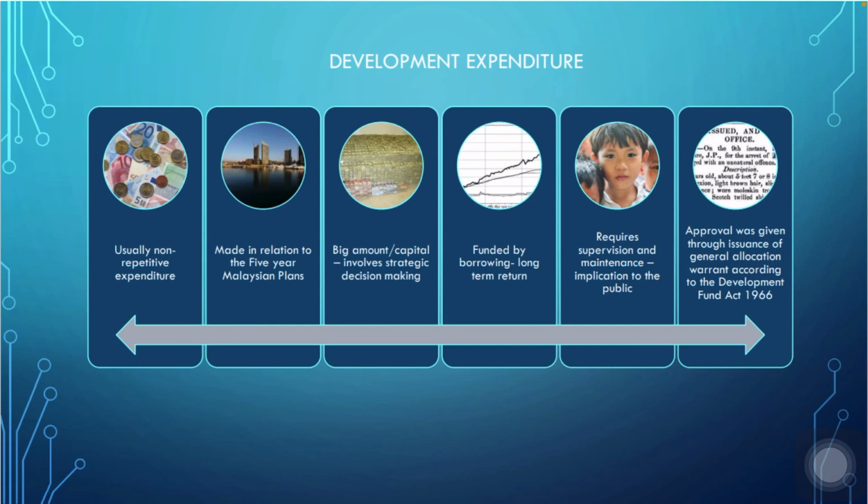And last but not least, the approval was given through issuance of the General Allocation according to Development Fund Act 1966. So setiap approval untuk development expenditure ni pun dia ada dia punya own SOP jugalah. And SOP dia kena refer kepada Development Fund Act 1966. So that's all for today for chapter 2 part 1.